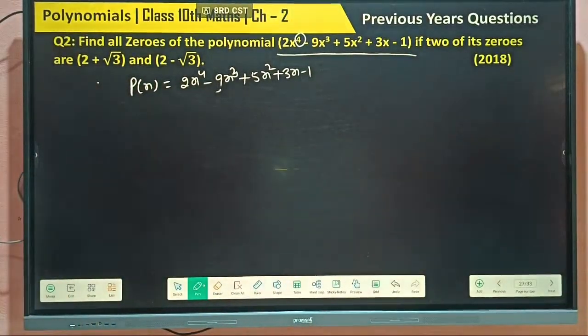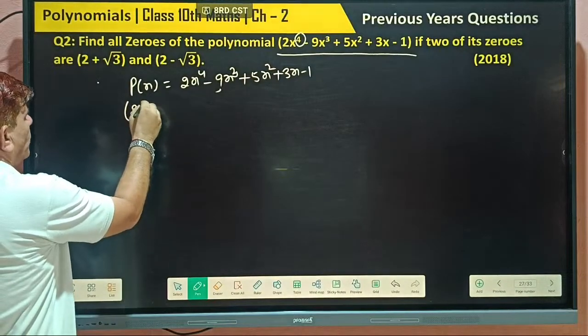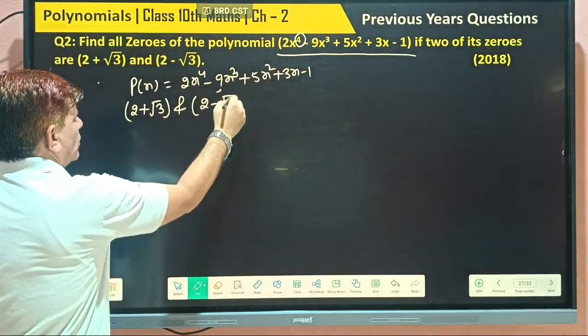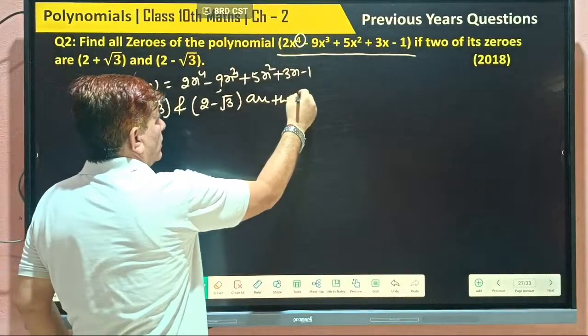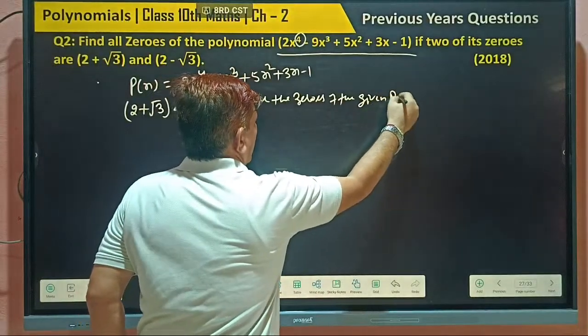So what are the zeros? Zeros are 2 plus under root 3 and 2 minus under root 3, the zeros of the given polynomial.